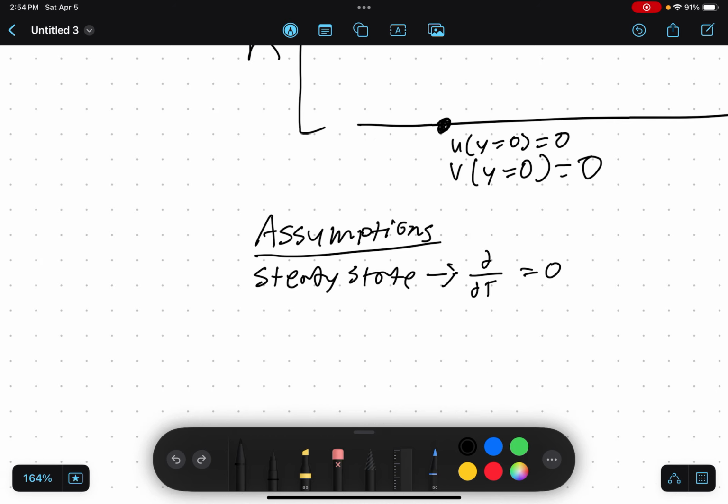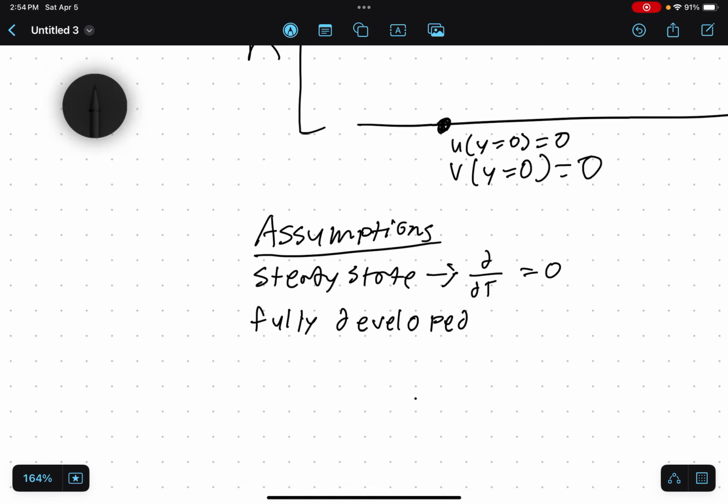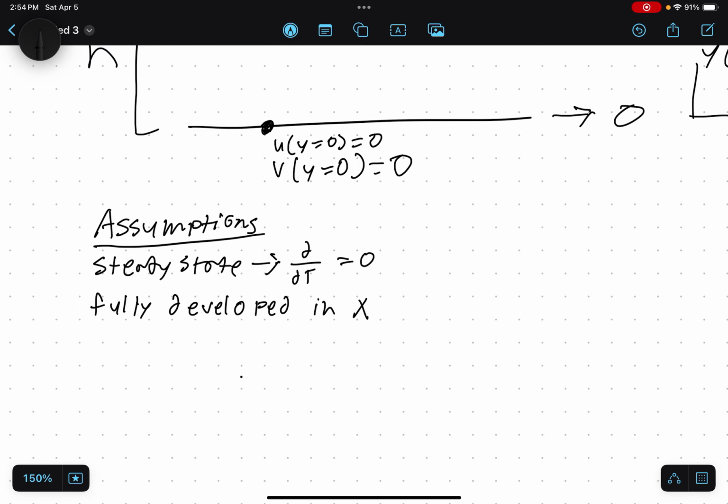The way you write that is fully developed in X, and that means that the derivative of anything with respect to X is 0.